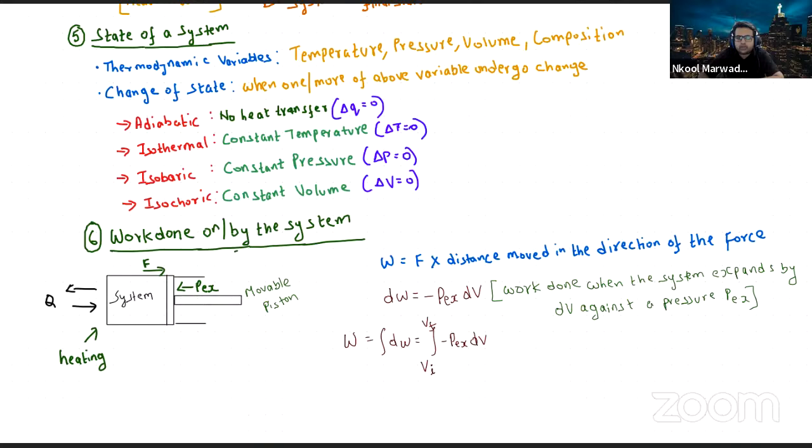Further I can write minus Pex outside because it is a constant. External pressure acting is constant, and the integration of one will be V itself. And when I put the limits, I will get Vf minus Vi.